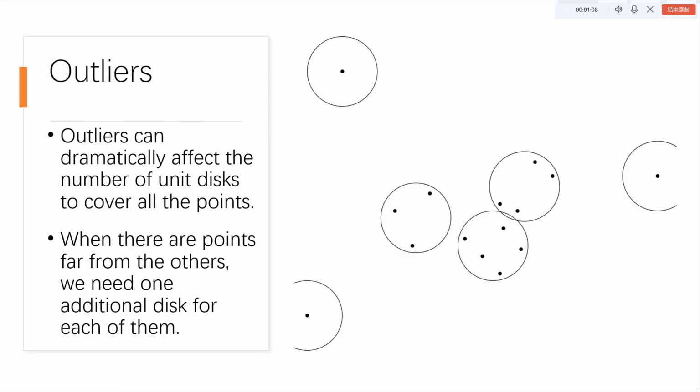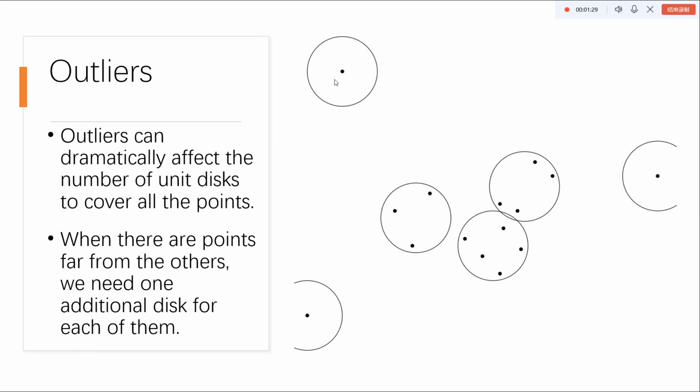We notice that in the covering problem, the outliers can dramatically affect the number of unit squares or unit disks. For example, in the right figure, we have 3 outlying points, and each of them requires an additional unit disk to cover.